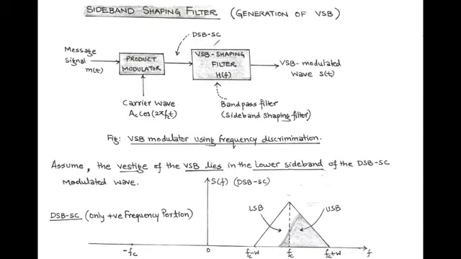And this double sideband suppressed carrier signal is applied to a specially designed bandpass filter called a sideband shaping filter, having a transfer function capital H of f. And by using the properties of the sideband shaping filter, the double sideband suppressed carrier wave gets converted into a vestigial sideband modulated wave, denoted by s(t).